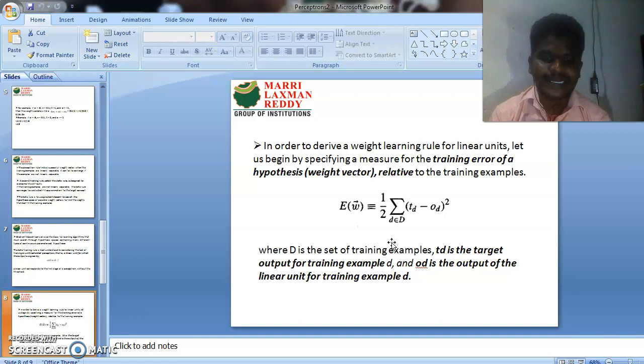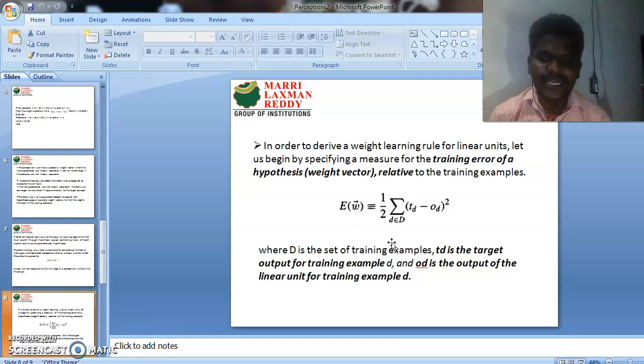That time we are calculating the error in the network, related to the training examples. The error of the weight vector, where we are updating the weight, is equal to half of the squared difference between the target output and the output of the current training example.